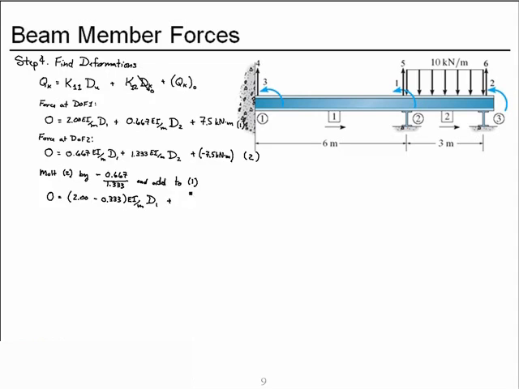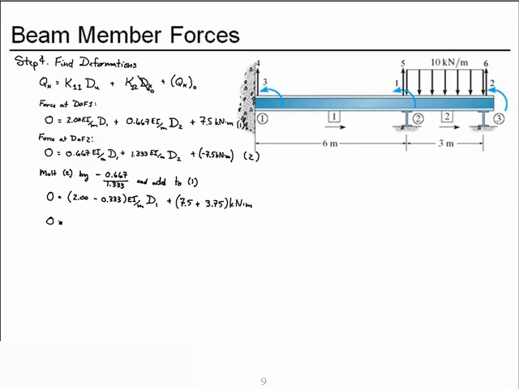And then I have the 7.5 from equation 1, and I'll add this ratio times this quantity, but this ratio times this quantity then becomes a positive 3.75, and that's in units kilonewton meters.